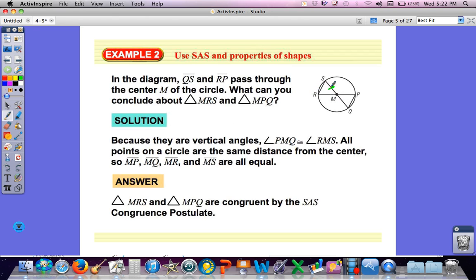So if this and this and this and this are equal, I have two sets of sides that are equal. I know that angle is congruent to this angle because they're vertical angles.